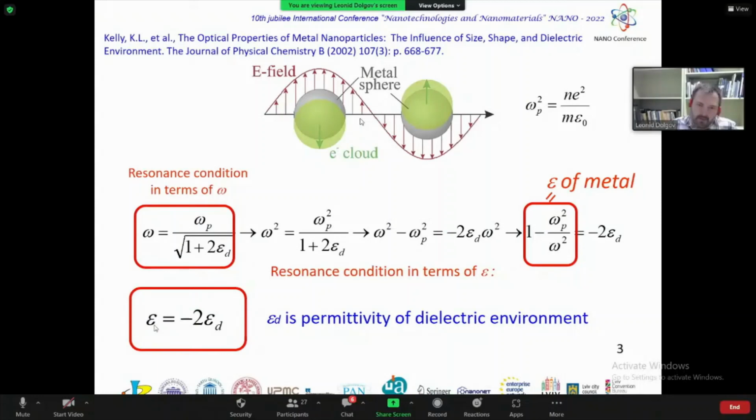In case of resonance, the permittivity of the metal should be twice higher in modulus than the permittivity of the dielectric environment, and it should be negative.